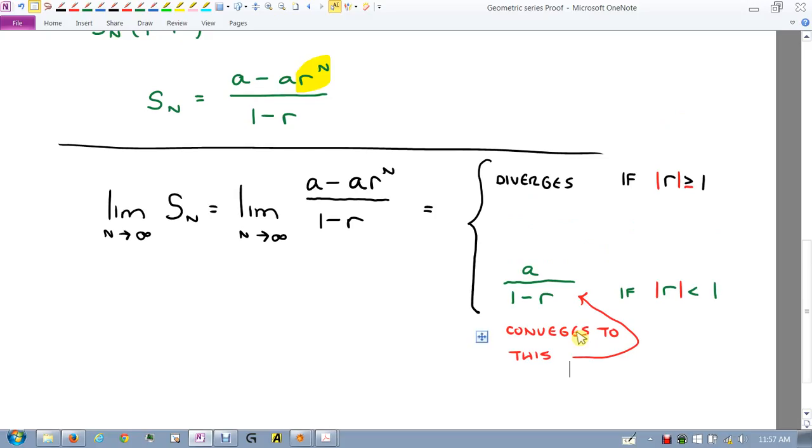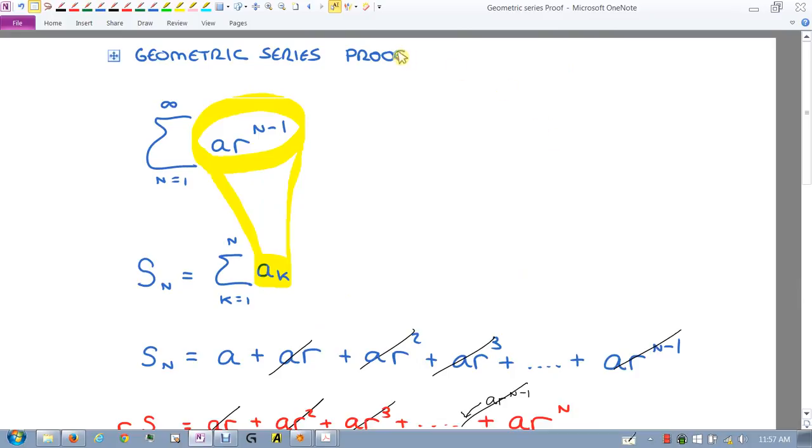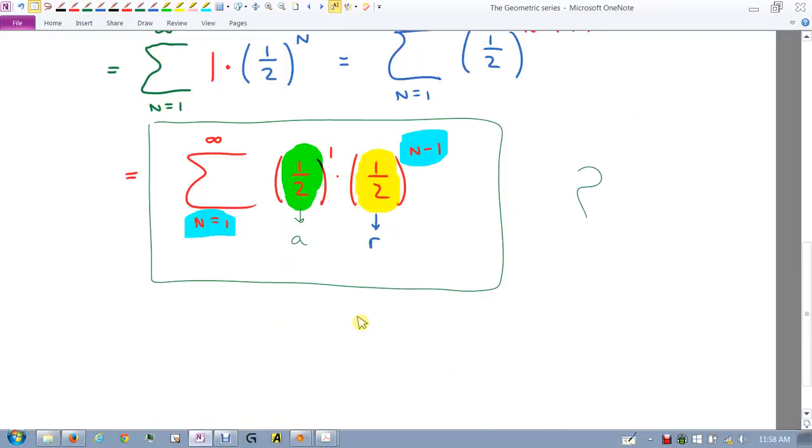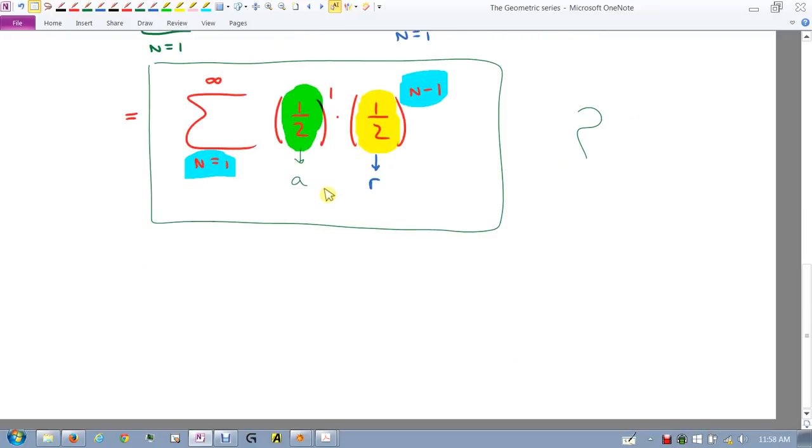So getting back to the problem we stopped at. We said this is geometric. We know what A is. We know what R is. So now I'm going to list them out even more explicitly. A is 1/2. R is 1/2. The first thing you have to question yourself about here is the value of R. What is the absolute value of R here? Just 1/2, right? Is that less than 1?